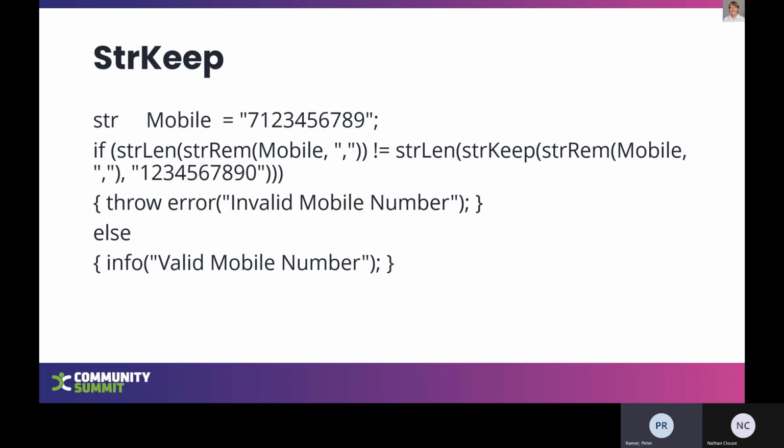In this case, we can also do strKeep, and we can test to see if this is a valid mobile number by essentially testing to see, keep all the digits that we've specified in our mobile number, our 1, 2, 3, 4, 5, 6, 7, 8, 9, and remove the others.